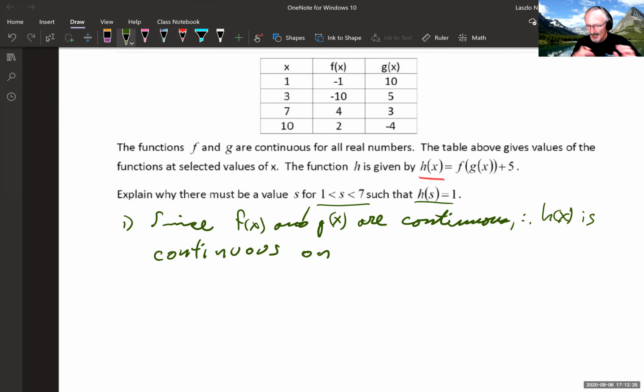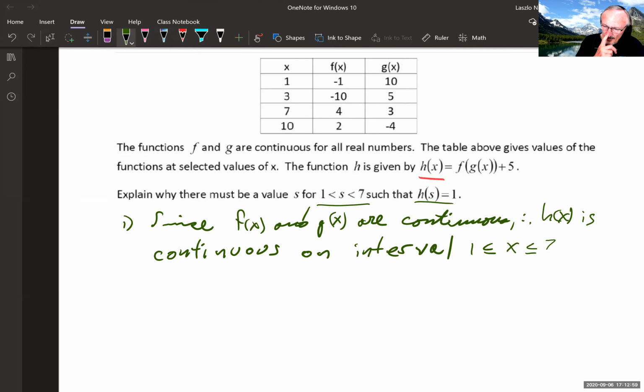I need to mention it either earlier or now. So I will now indicate h of x is continuous on the interval, and the continuity will be inclusive, from 1 to 7. Once we've established that, let's continue.